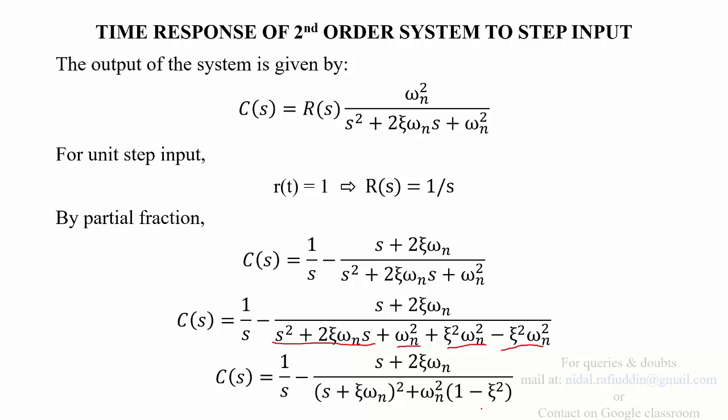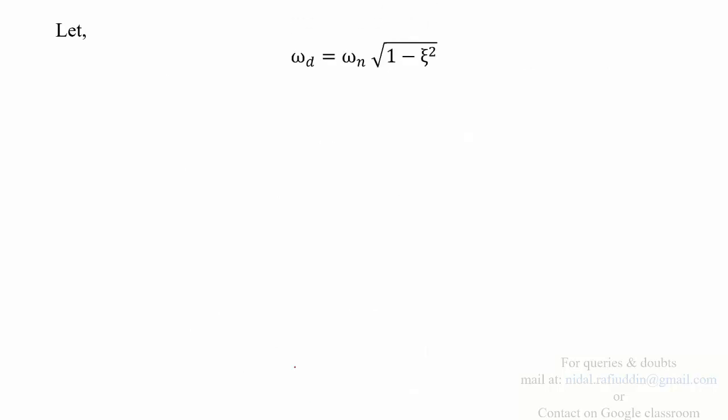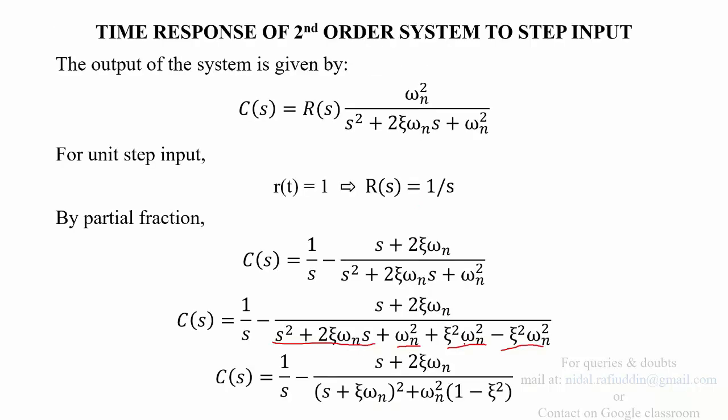So now I see that I'm going to have some terms in terms of s square plus a square, but still I have this term which is not in terms of a whole square. So further simplifying this, let us assume omega n times the root of 1 minus zeta square as omega d. So I assume the root of this term to be omega d. In that way I am going to replace this term by omega d square.